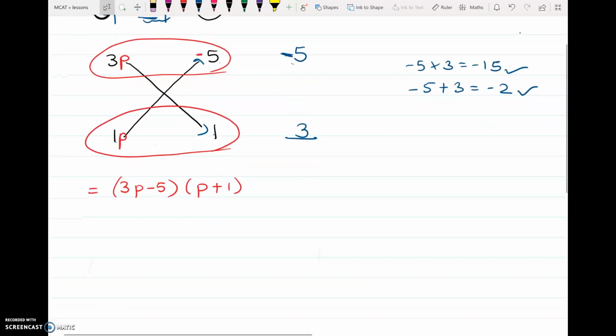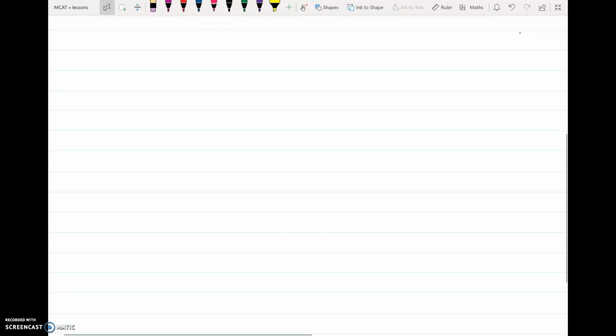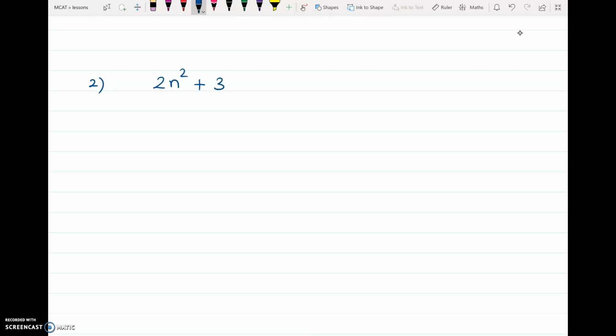Let's look at another example so that this method makes more sense. The second one is 2n squared plus 3n minus 9. The first step is to make a cross.